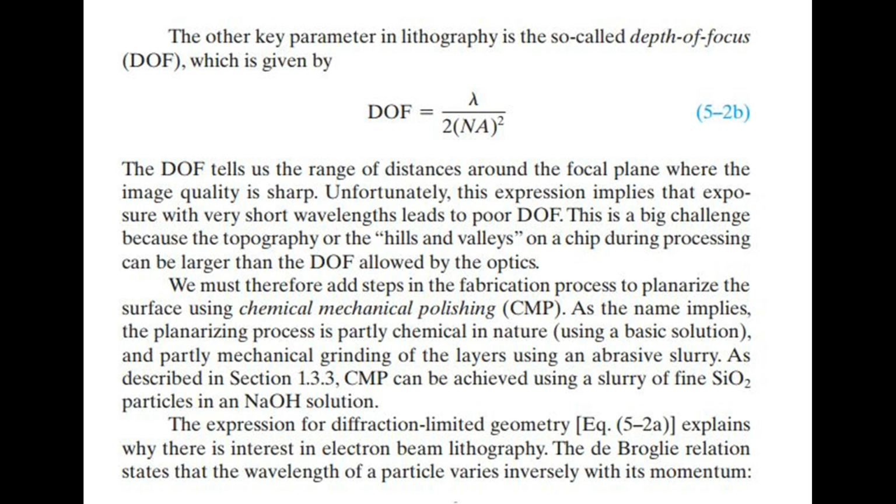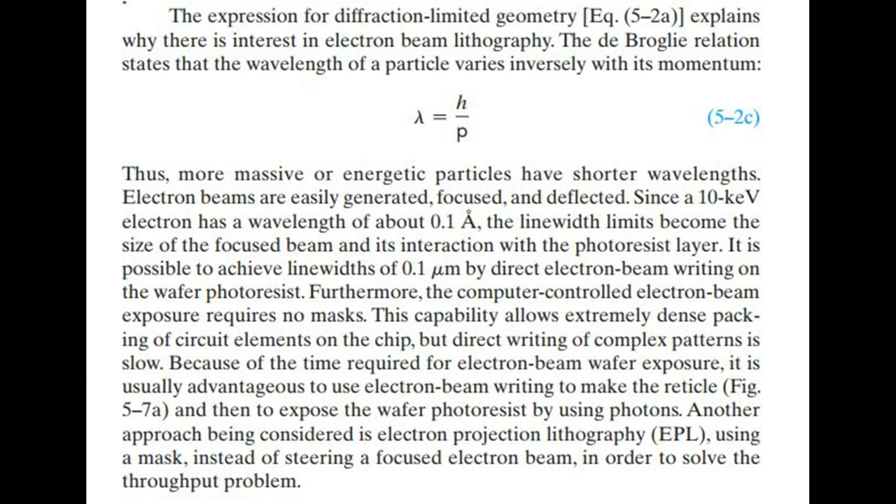As described in section 1.3.3, CMP can be achieved using a slurry of fine silicon dioxide particles in a sodium hydroxide solution. The expression for diffraction-limited geometry, EQ 5.2a, explains why there is interest in electron beam lithography.